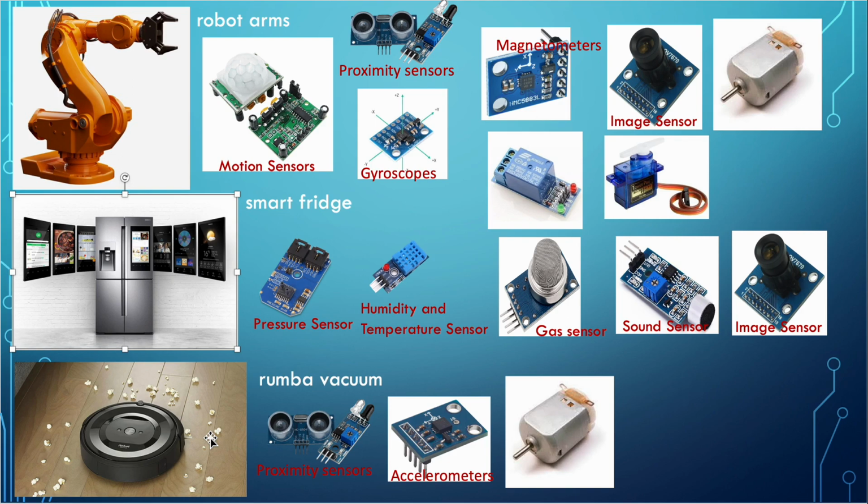Then there will be accelerometers to check the movement of the Roomba itself, because it can accelerate and it can decelerate, so we keep an eye on those things as well. For actuators, Roombas would have motors and servo motors for turning 360 degrees in one place, as well as traveling back and forth.